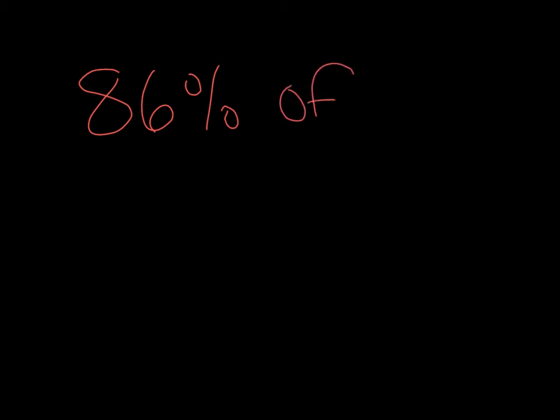Okay, we're going to do one more of these just so both methods settle in, and then you're going to do some practice with Mr. Peterson. Let's do 86% of 328. I'm just going to translate this one thing at a time.